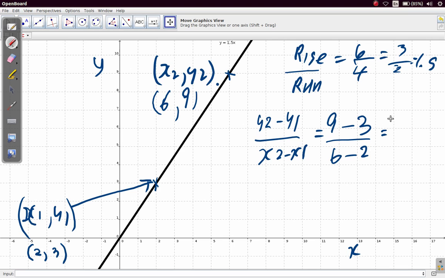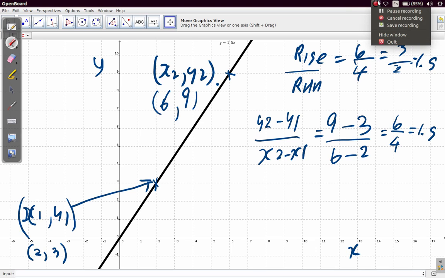So we have 9 minus 3, which is 6, divided by 6 minus 2, which is 4. 6 over 4 is 1.5, just as up here. So we got our gradient by both drawing and calculation. Okay, good. So that's the gradient of our line here. I'll see you in the next video.